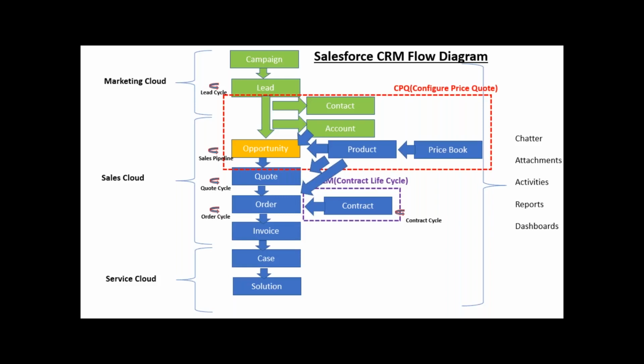Marketing Cloud consists of 2 elements, campaign and leads. That's it. Everybody clear? Now, the first element of Sales Cloud is opportunity. Hello, hi, sir, I'm calling from ICICI Bank. Do you have a personal loan requirement? No, thank you. Next call.